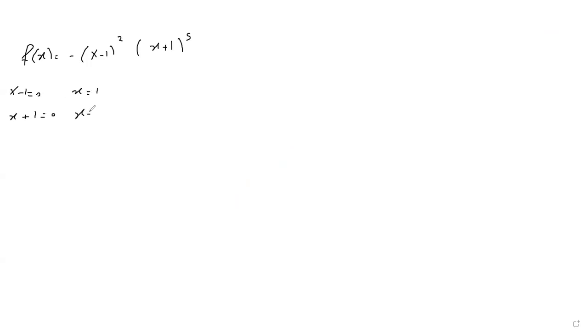Here x is 1, and here x is negative 1. Then I can graph that. So you have negative 1 here and 1 here as your zeros. Then I need to find the degree. The degree here is 5 plus 2, which is 7. So 7 is odd.